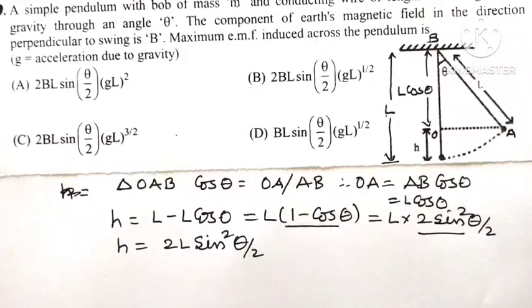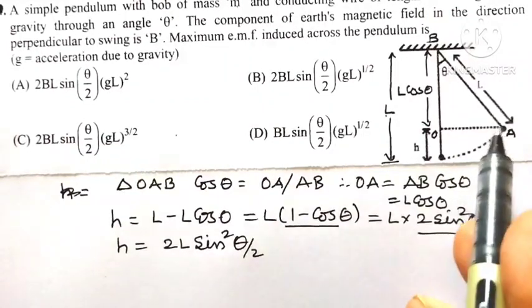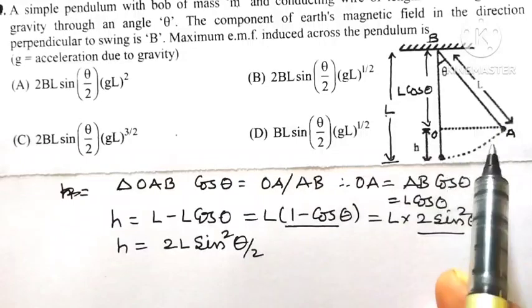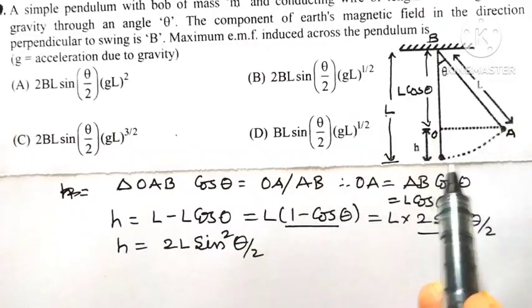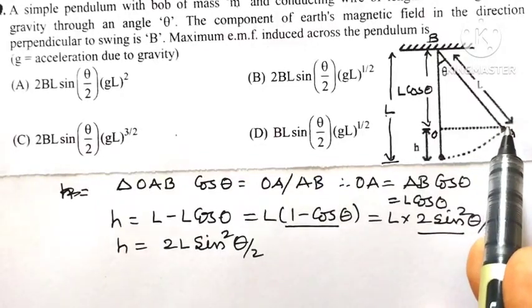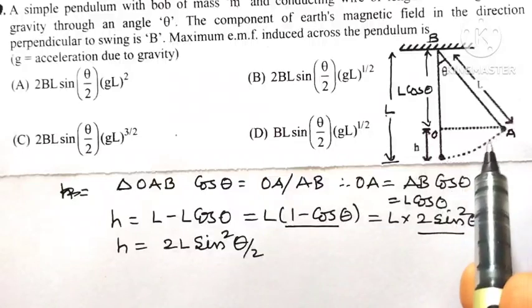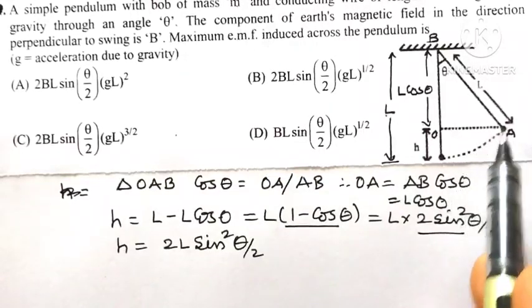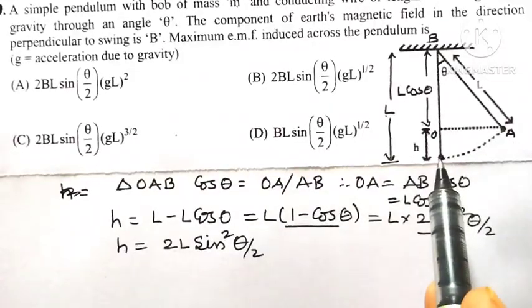And when the bob comes from the extreme position to the mean position, we know that at the extreme position it has potential energy. When it returns to the mean position, it loses potential energy, and at the mean position it has maximum velocity, meaning it gains kinetic energy.